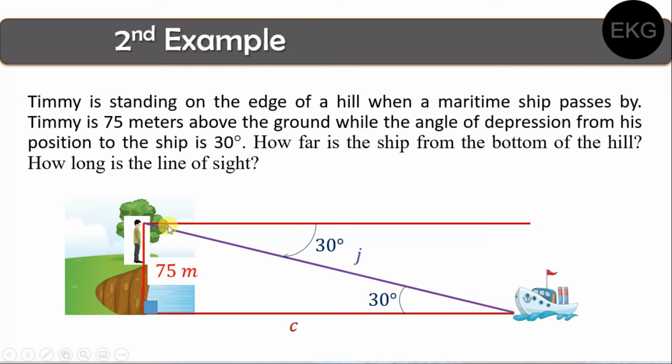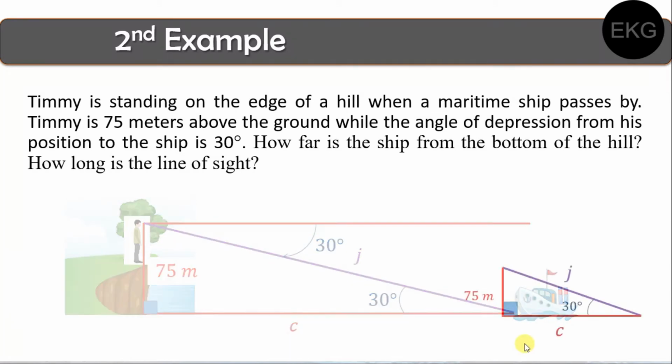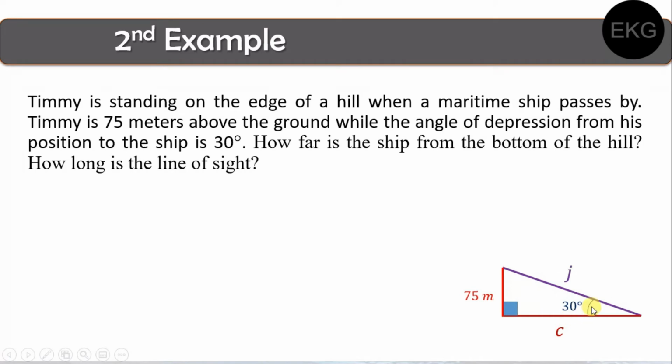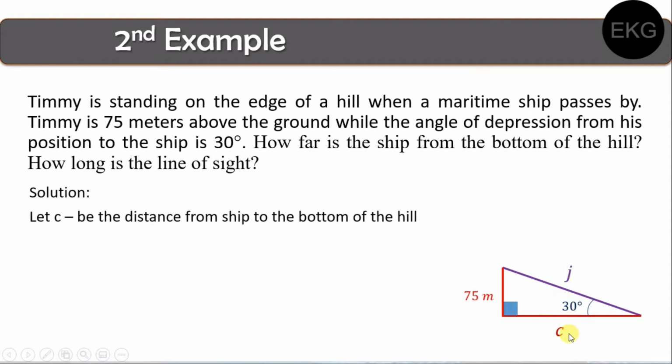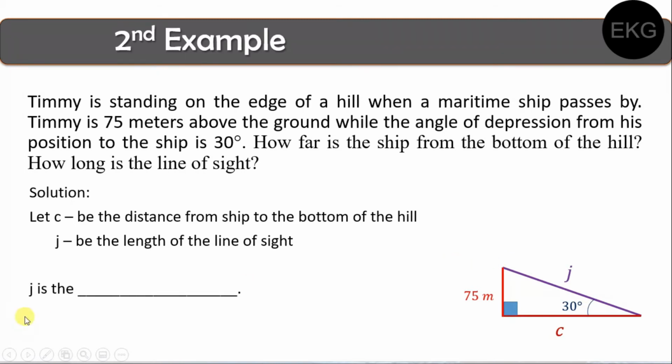Okay? So, let's proceed. So, this 30 degrees, 75 meters, yung C at yung J. So, first, for our solution, let C be the distance from the ship to the bottom of the hill, and J be the length of the line of sight. Now, J is the blank ng triangle.